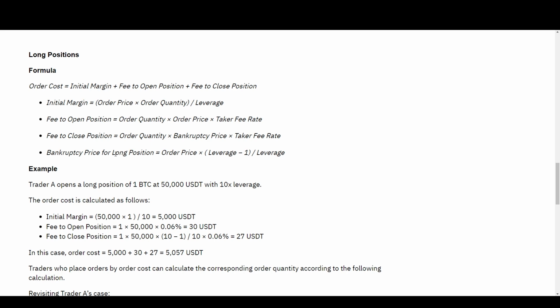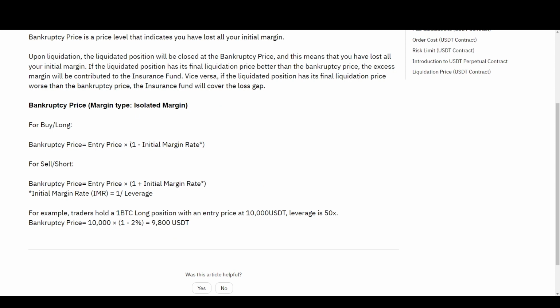Here, it says bankruptcy price for a long is order price times 1 minus leverage divided by leverage. So it'd be 1 minus 1 divided by leverage right here. 1 minus, then 1 over leverage.